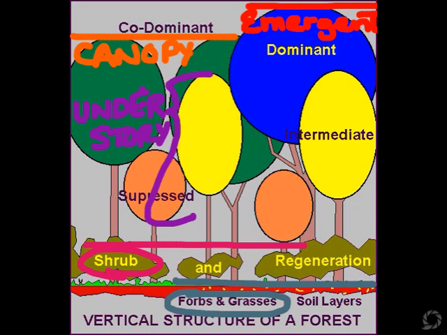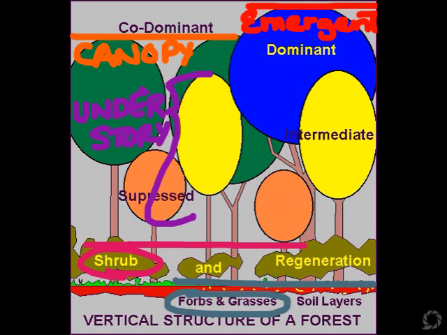If we keep going down below, we see shrubs, the shrub layer. It's also known as the regeneration layer. That's smaller trees and shrubs that are sort of coming back after they've started to grow in. And then way down at the bottom, the forbs and grasses.